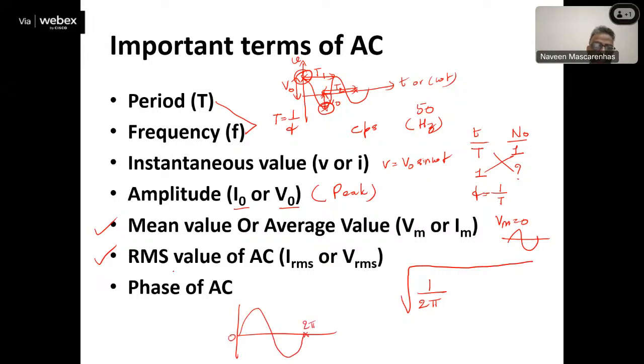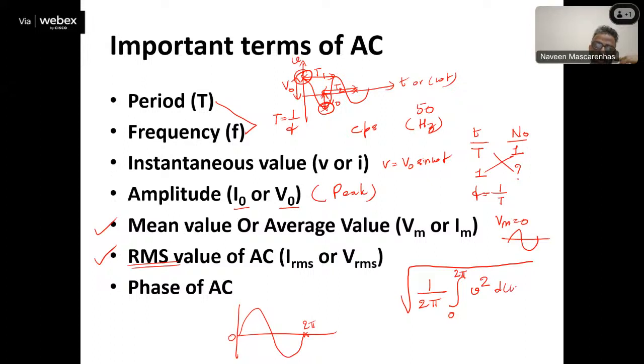So average. Because the RMS value is the only value which is defined for the entire cycle. Because mean value is defined for half a cycle. Amplitude is for any half cycle, no? Either positive half cycle or negative half cycle, the value is same. Its RMS value is the only one which is defined over the entire cycle. And its full form is the square root of the average of the square of the instantaneous values taken over, that is integration, summation, no, over the entire cycle.